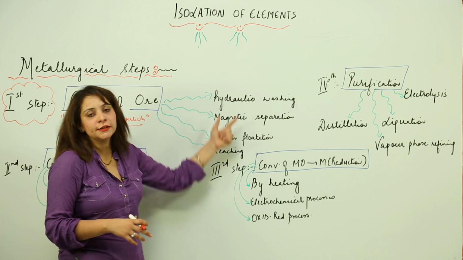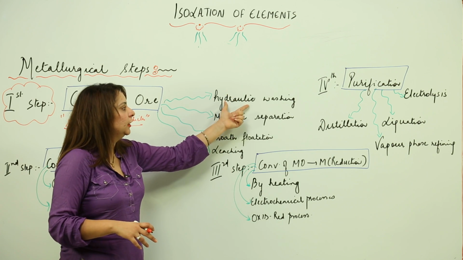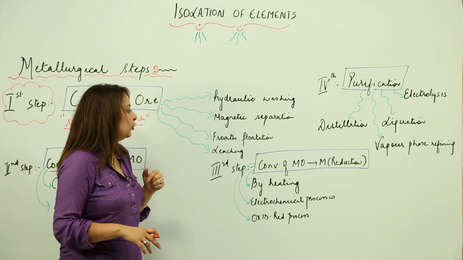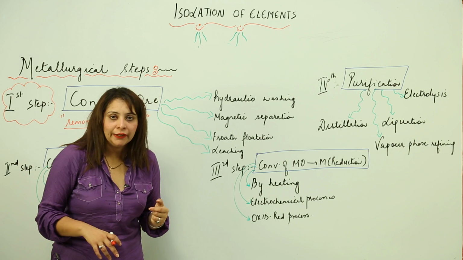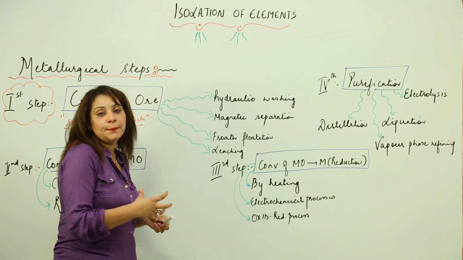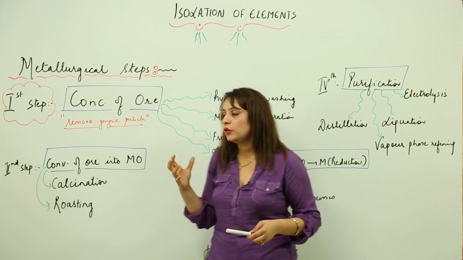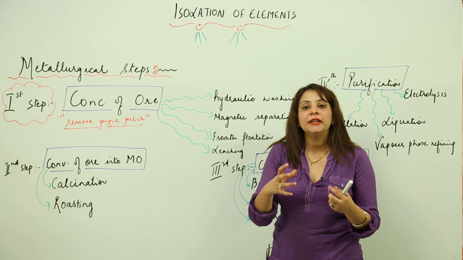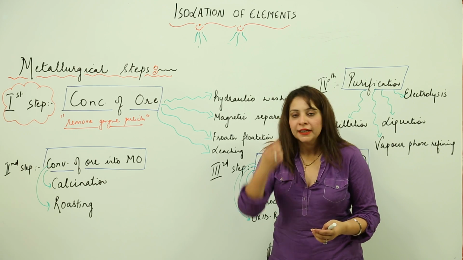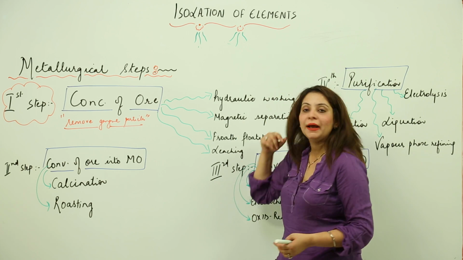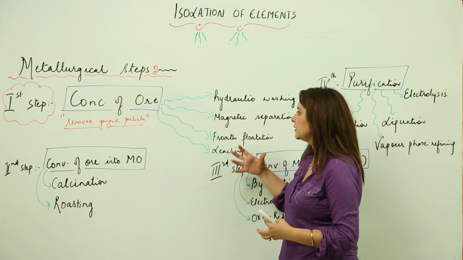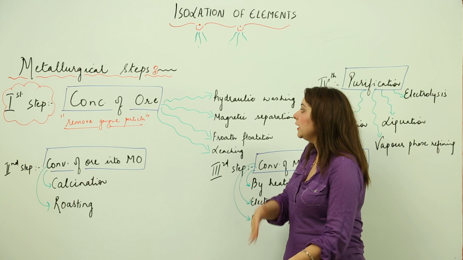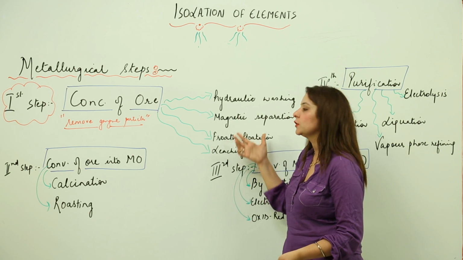We can opt for hydraulic washing, magnetic separation, froth flotation, or even leaching, right. Which of these steps we choose for which ore depends upon certain properties of the ore. If the ore is magnetic, we will choose magnetic separation, and likewise there are certain limitations: the ore should possess a particular property, then only it can be concentrated by this method or that.